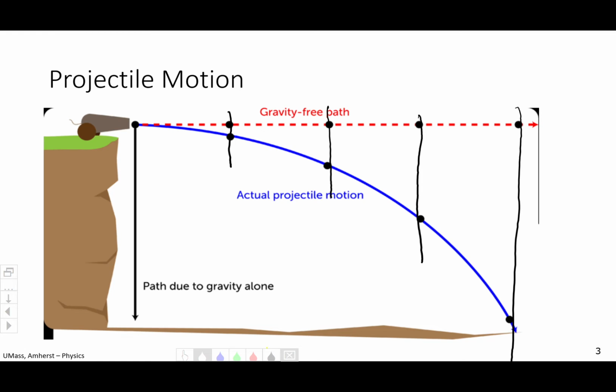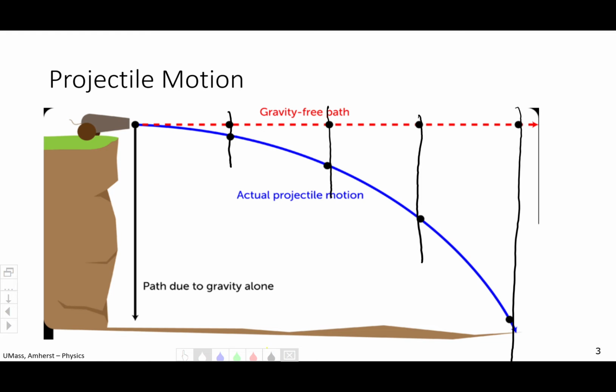So what ends up being very interesting about projectile motion is that the object will travel at a constant velocity horizontally while accelerating vertically. If you were to shoot a gravity-free projectile and this blue line projectile horizontally, they would go the same distance in the same time.